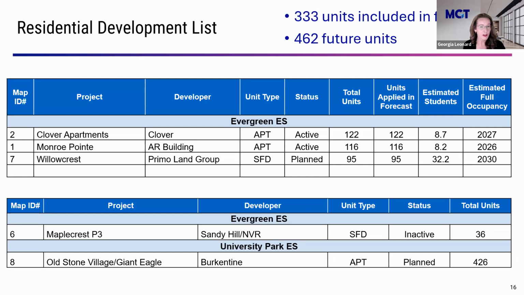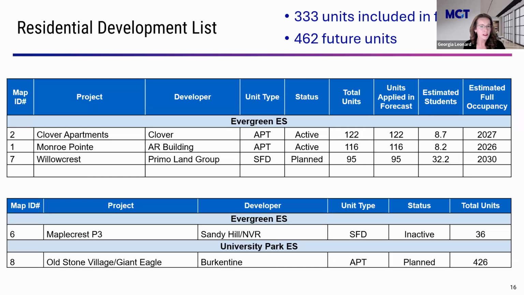Sometimes this number will change because maybe that development was already really active and maybe half of it's already built. And then we itemize this, we estimate the students that should come from that development, and then when we anticipate it being fully occupied. And in this particular case, you have 333 units that are included in the forecast.